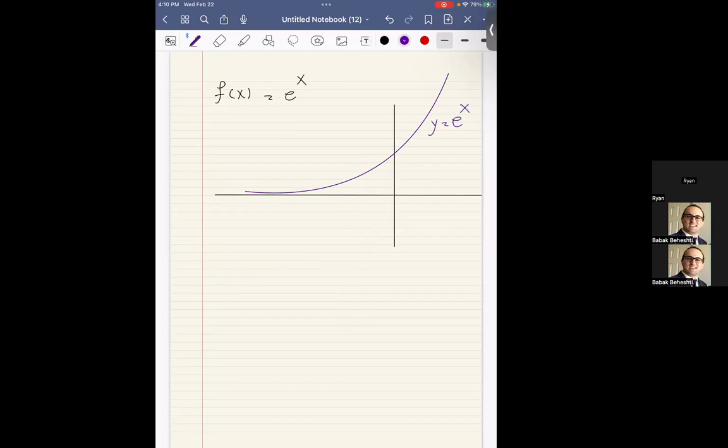Again, you see here when x goes to minus infinity, the limit is 0. So I'm writing here, limit of e to the x, x goes to minus infinity is 0. Why is it 0? Because e to the minus infinity is equal to 1 over e to the power infinity, which is 1 over infinity, which is 0.